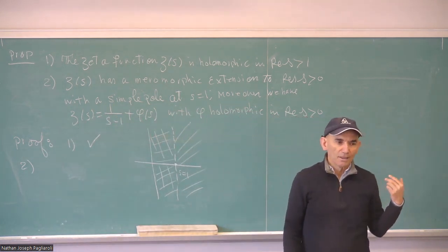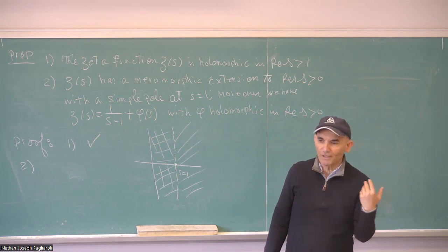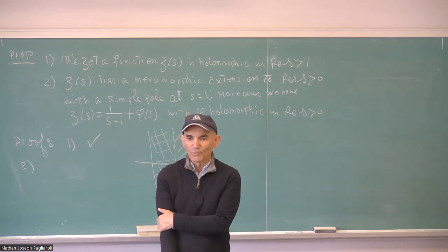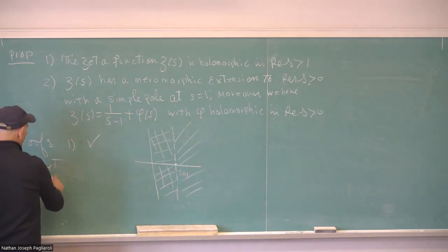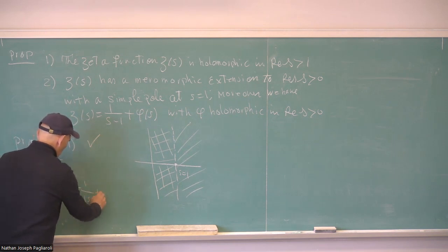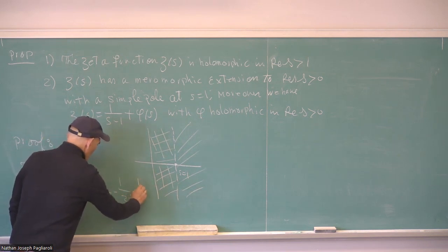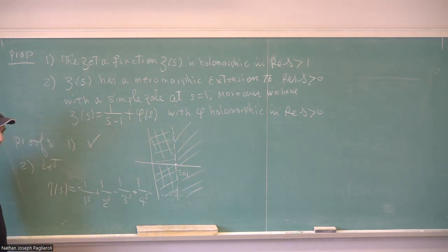It's holomorphic for real part of s bigger than 0, and we use it in a nice way to get the result. Let eta of s equal minus 1 over 1 to the s plus 1 over 2 to the s minus 1 over 3 to the s plus 1 over 4 to the s, and so on. This function was actually introduced by Euler himself.